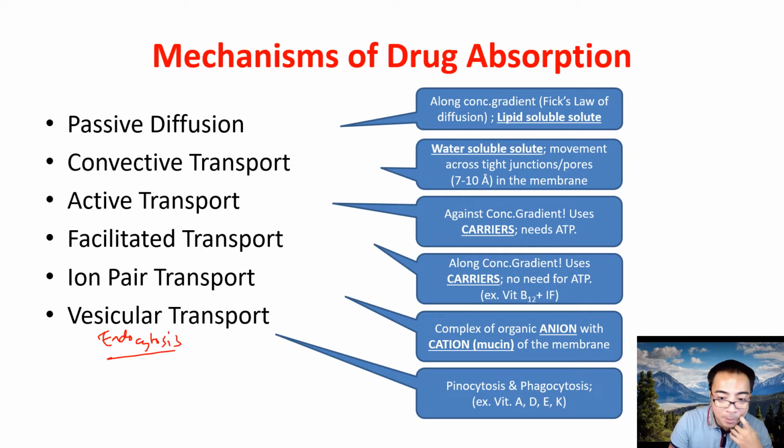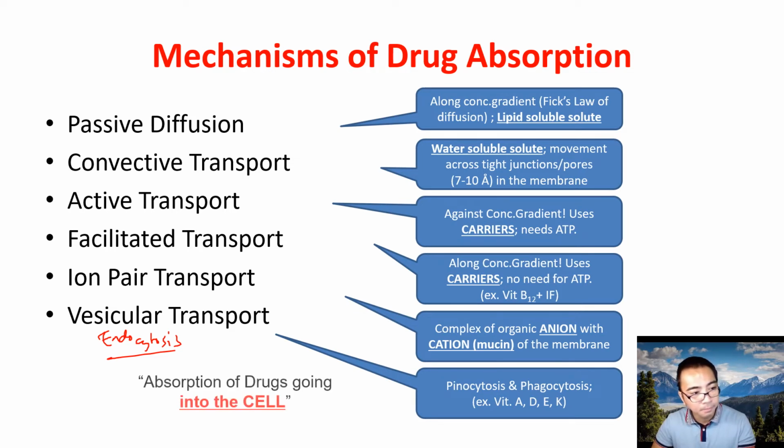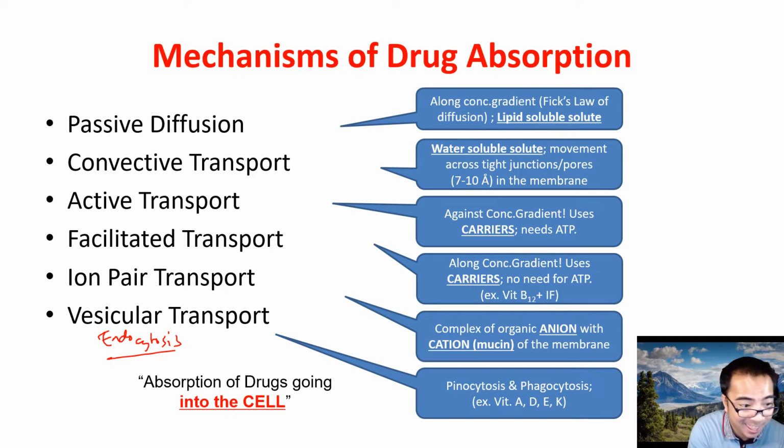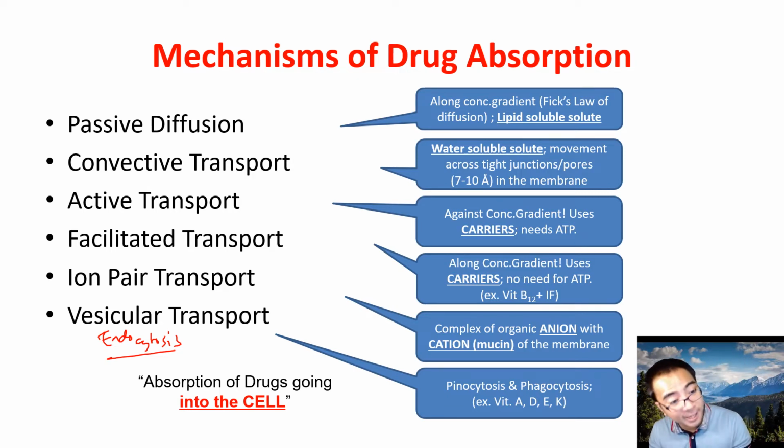Okay, so pinocytosis, phagocytosis, such as vitamins A, D, E, K. Okay, so phagocytosis is cell eating, while pinocytosis is cell drinking. Okay, something I'm pretty sure you guys know na. Right? Okay. So these are all the mechanisms used to absorb drugs into the cell, okay, for it to take effect.